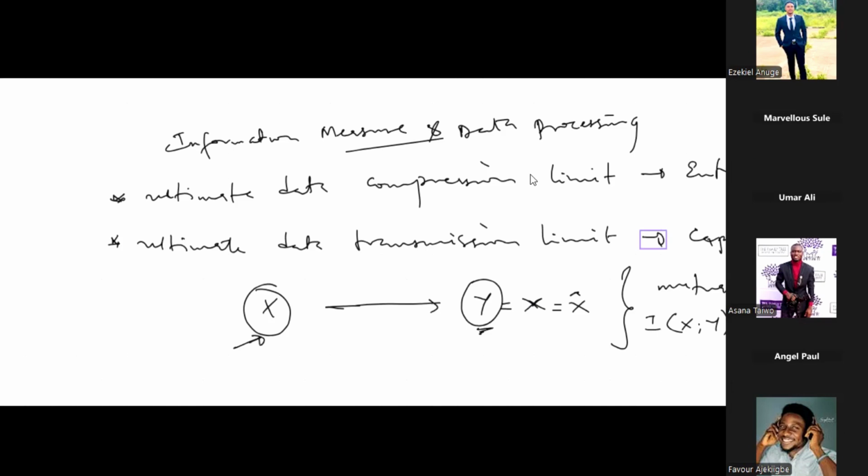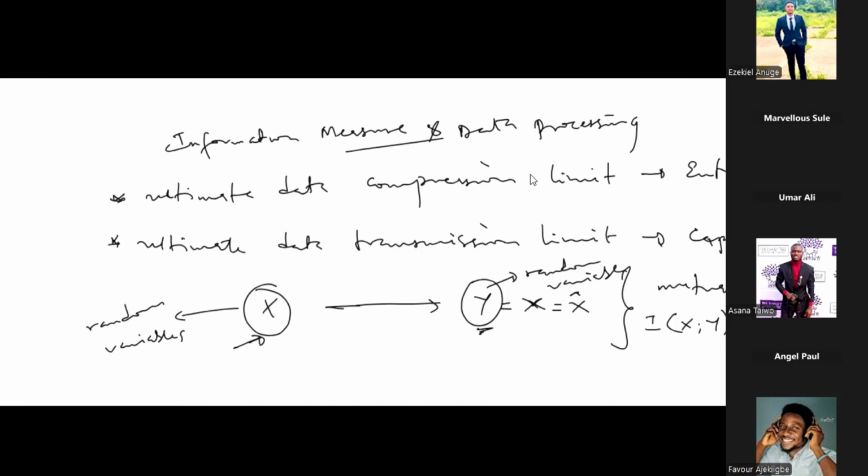And as such, since we are not sure of the formation or the nature of X we are going to observe in Y, we rather describe them as some random variables.